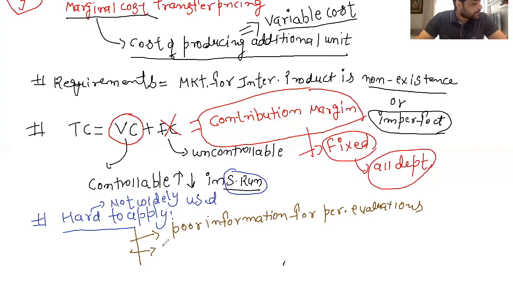The second problem is the nature of variable cost. Variable cost is non-constant, which means variable cost is the cost that changes over the period, right?